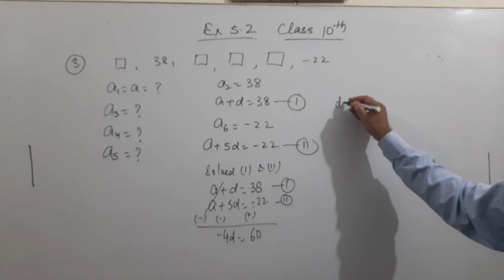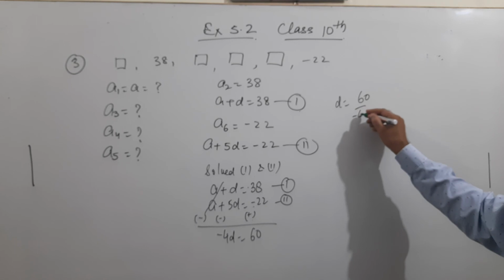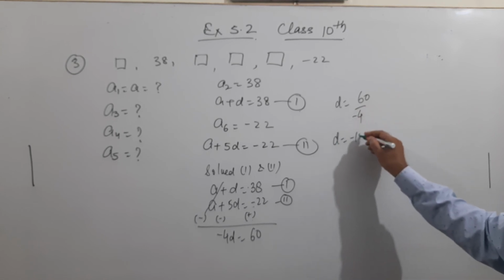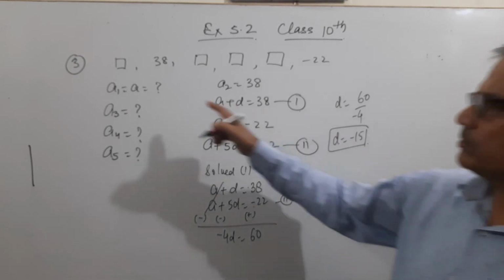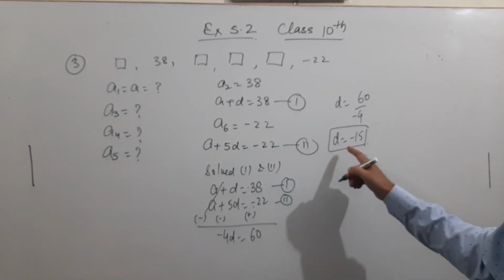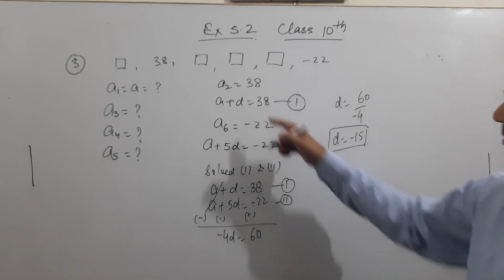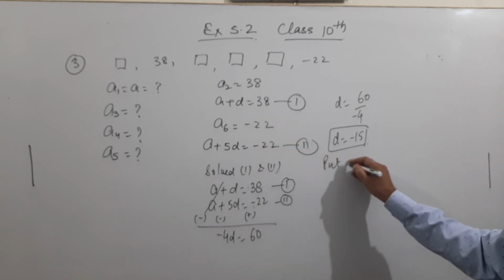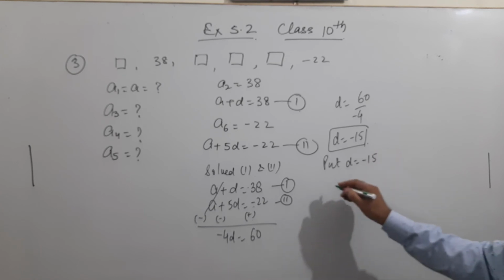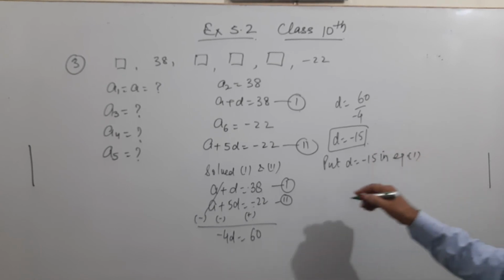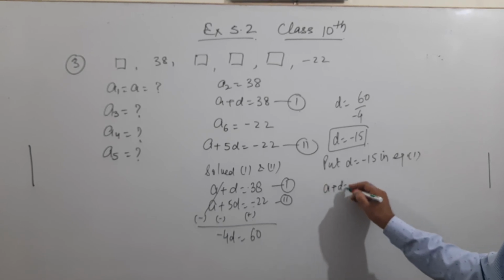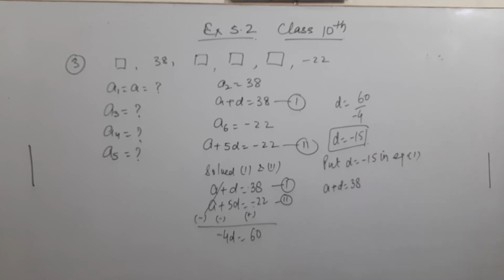And now D is equal to 60 upon minus 4, so D is equal to minus 15. And now what do we have to find out? A. That means put the value of D in equation first. Put D is equal to minus 15 in A plus D is equal to 38.